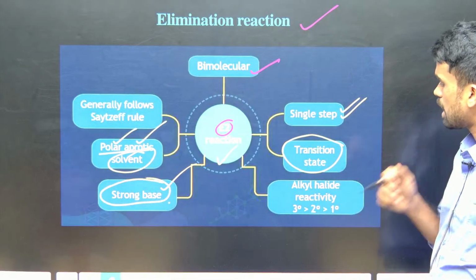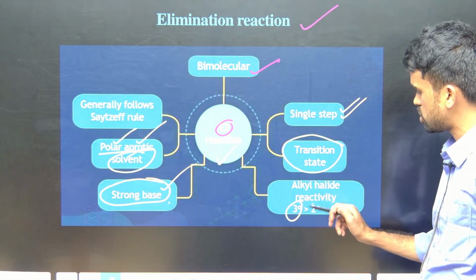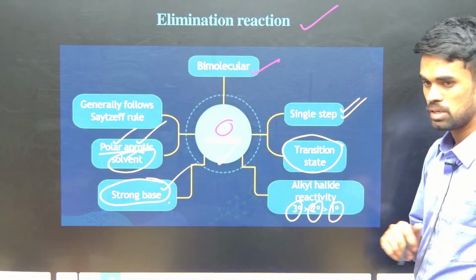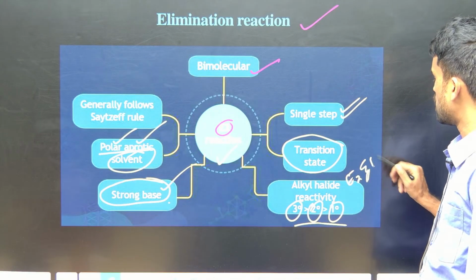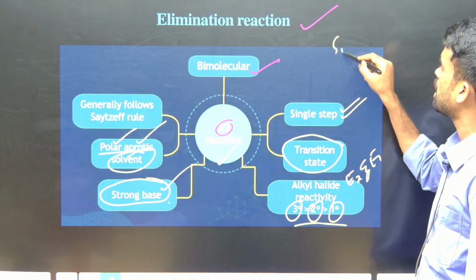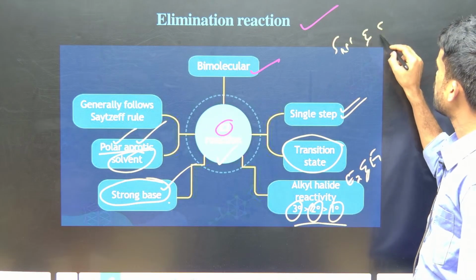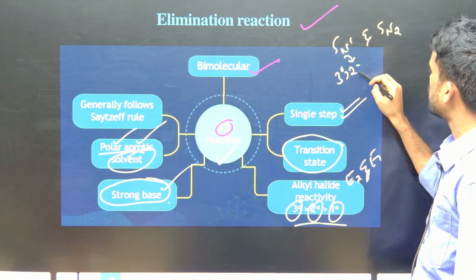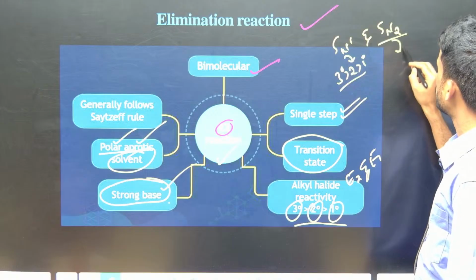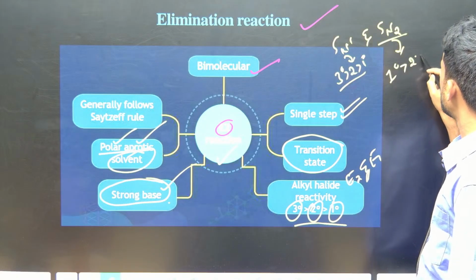Now for reactivity, it is tertiary, secondary, primary. This is the same in the case of E2 elimination and E1 elimination. But for SN1 and SN2, which we have studied, SN1 is favored by 3 degree, 2 degree, 1 degree, whereas SN2 is the reverse: 1 degree, 2 degree, 3 degree.